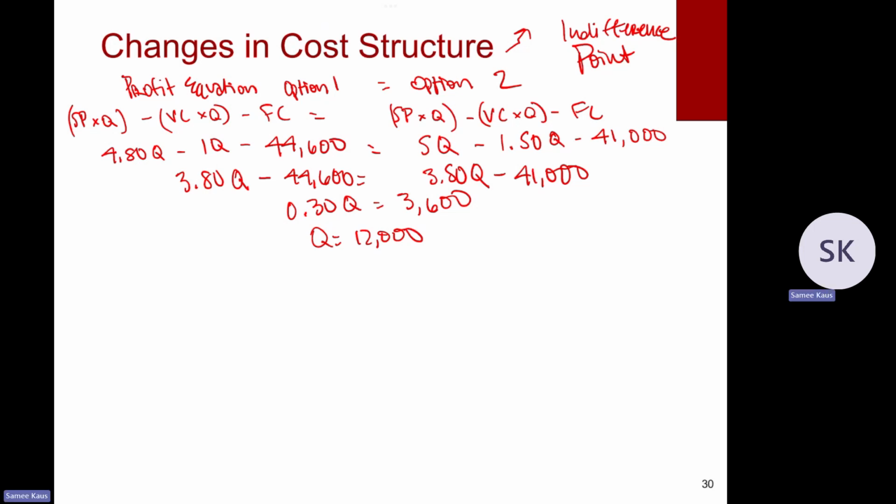Okay. So now what I can do as well is I could plug that in, and I could calculate my target profit in dollars.